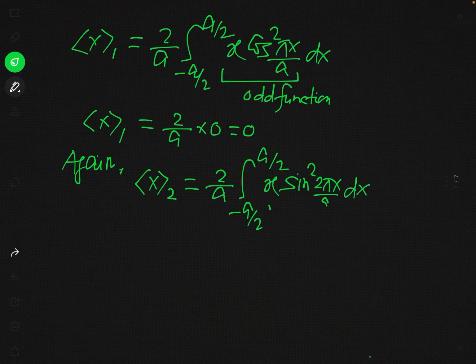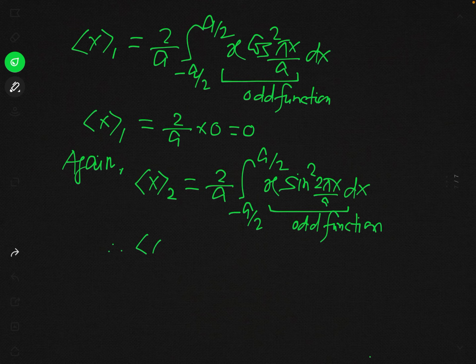And again you can see that this integrand is an odd function, because x is an odd function and sine square 2 pi x over a is an even function. But we know the product of an odd function and an even function is an odd function, and so this result will also vanish.